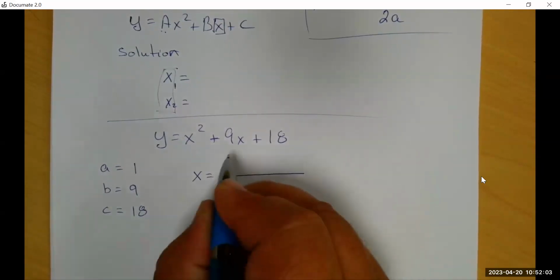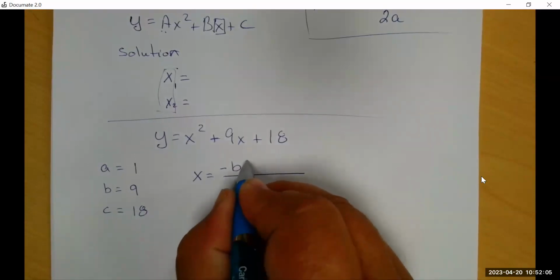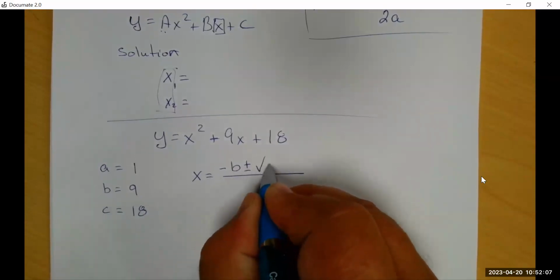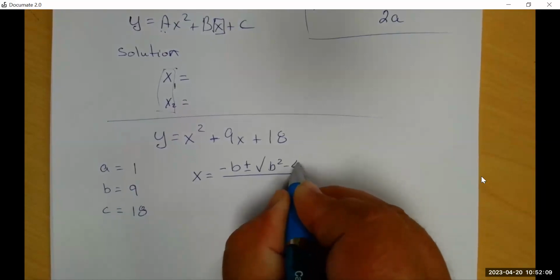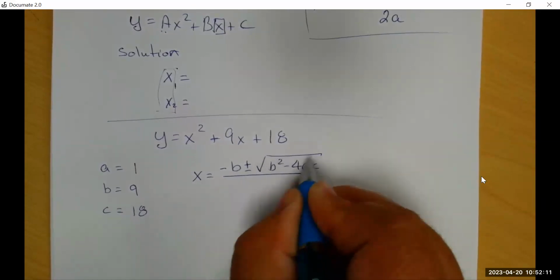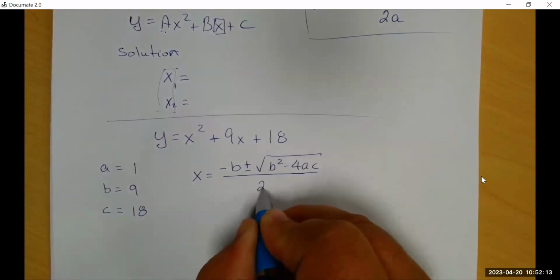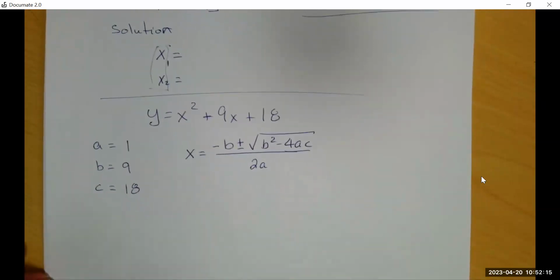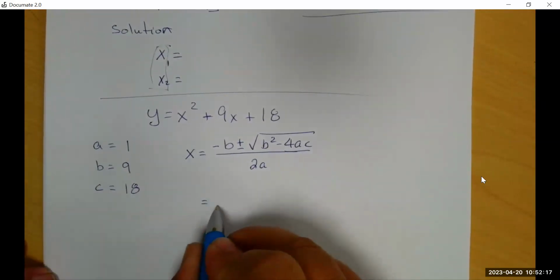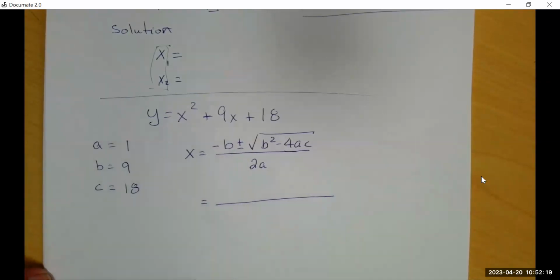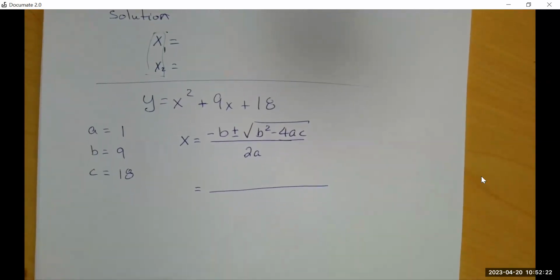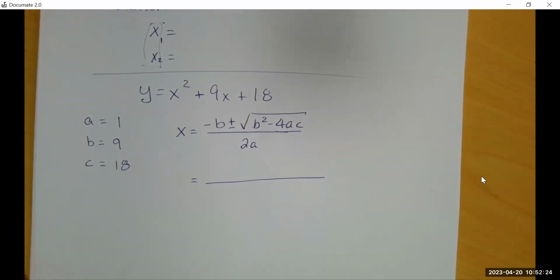A lot of people don't, but I tell them, always, always, always start off by writing your formula. It'll help you memorize it, and it'll help you not make careless errors when you put numbers in there. Now plug and play.